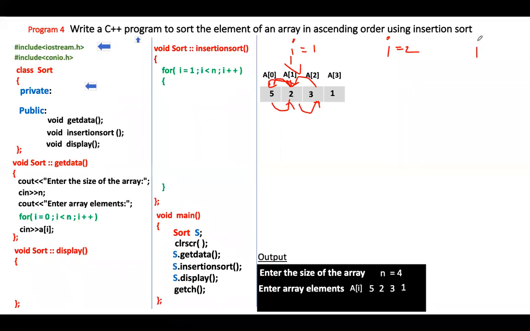I is equal to 3 means it will do 3 exchanges: from here to here 1 time, then from here to here 2 times, then from here to here 3 times. That is the for loop. See, that is what I told: first sort is I is equal to 1, second sort I is equal to 2, third sort is I is equal to 3.